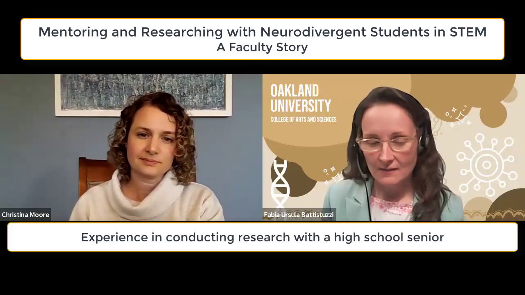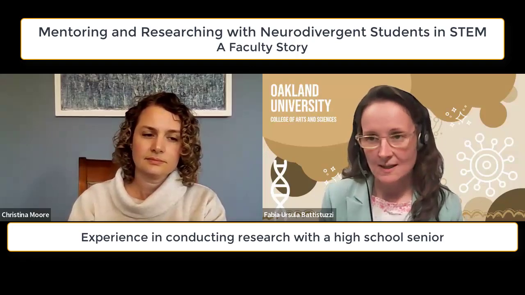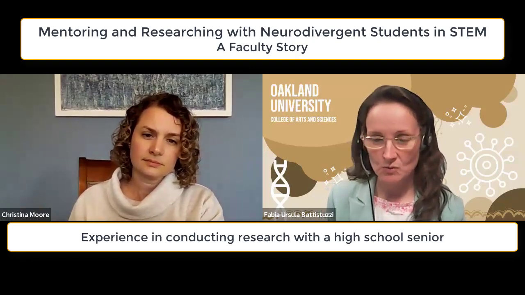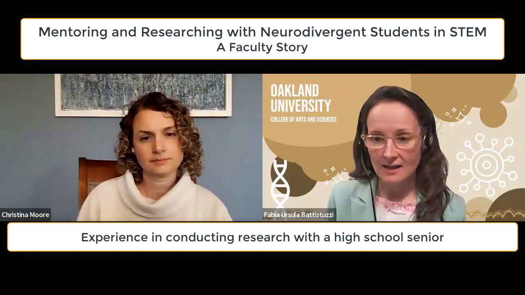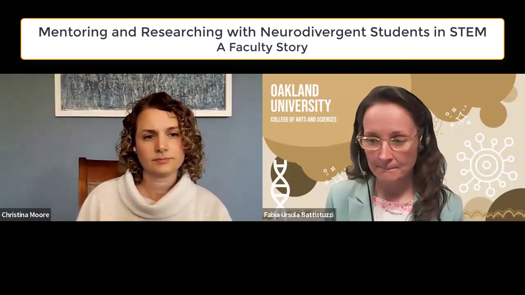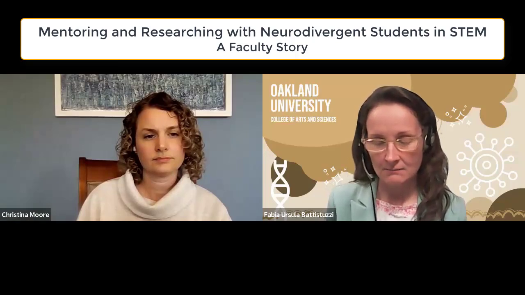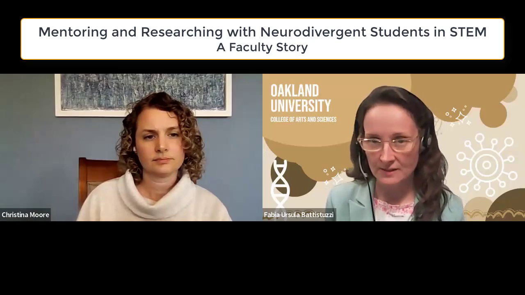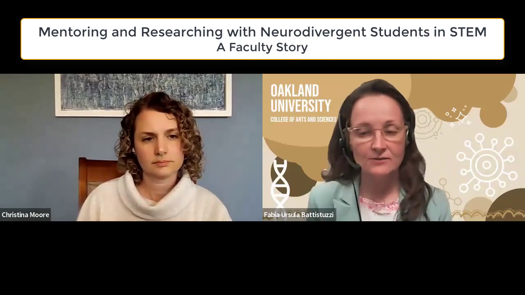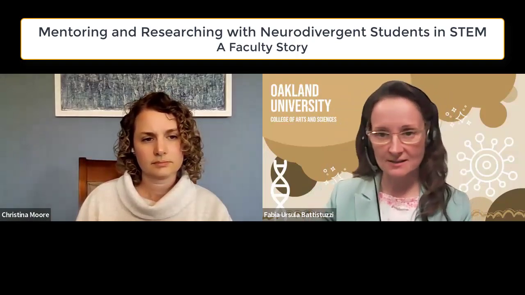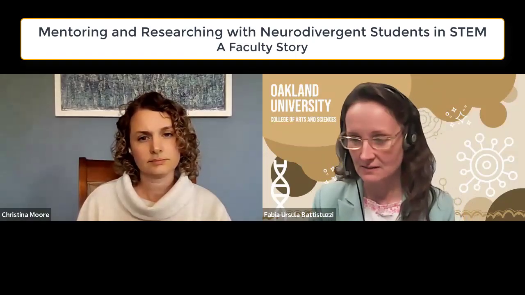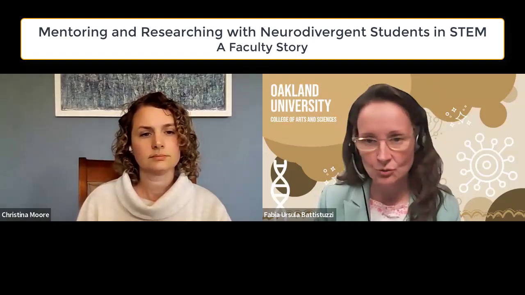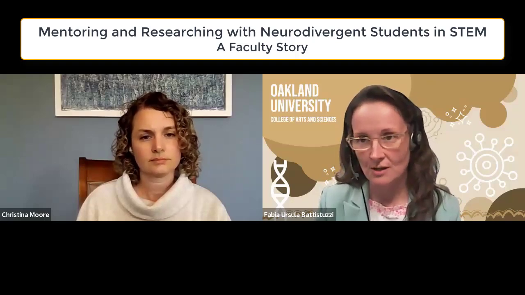For the way the program was set up, the student was supposed to perform research. And so it started with me writing a short description of the research project, which is kind of standard, right? Think of an abstract for a scientific paper. That's sort of the type of description that was expected. So nothing new to a scientist, standard procedure.